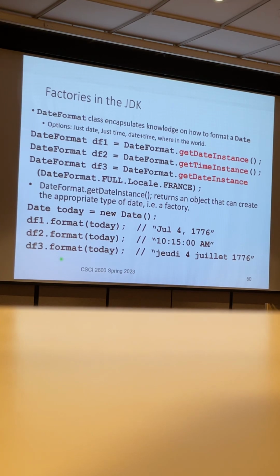So we are dealing with three different classes that extend date format, and they override format so that whenever we call format, the proper overridden version is selected depending on the runtime type of df1, 2, and 3, so that it either prints just the date, July 4th, or just the time, or the date with the proper locale, country, and so forth.